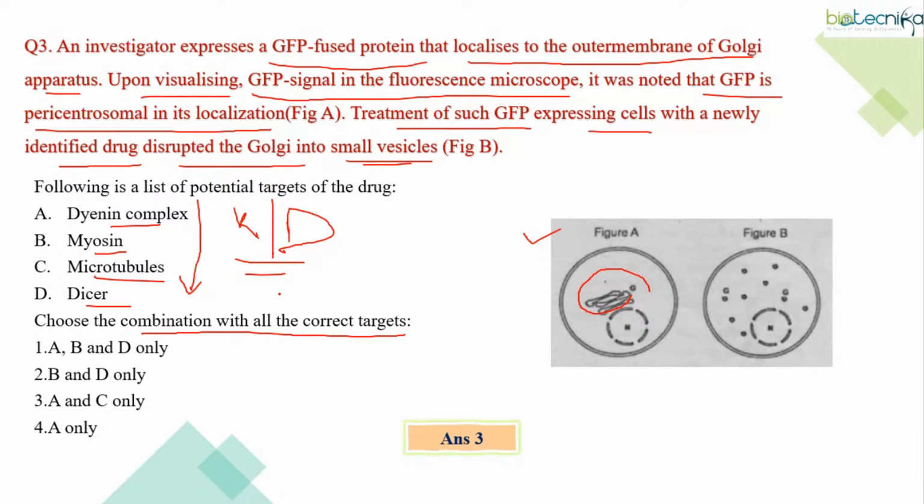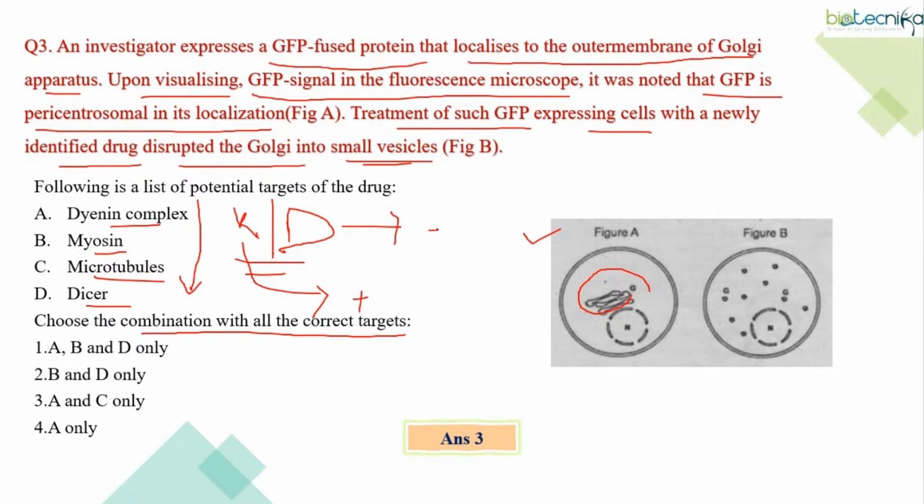Which ended motor protein is kinesin? Which ended motor protein is dynein? Kinesin will be a positive end directed motor protein. That means they carry the contents towards the positive end of the cell.